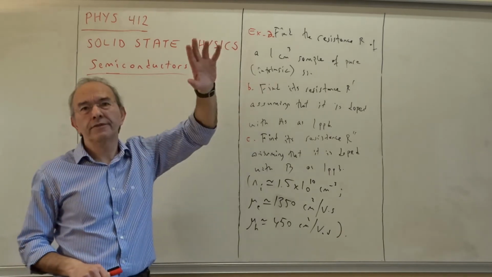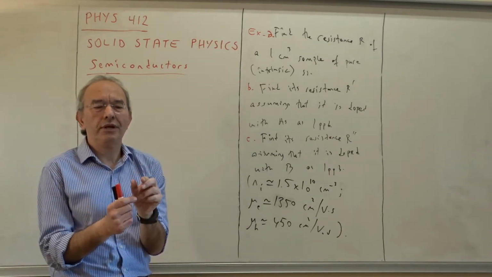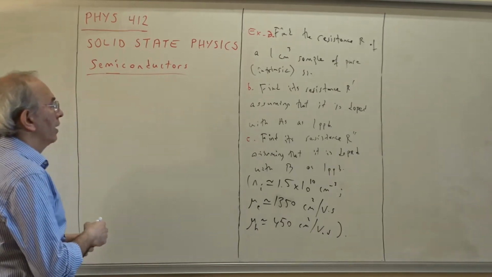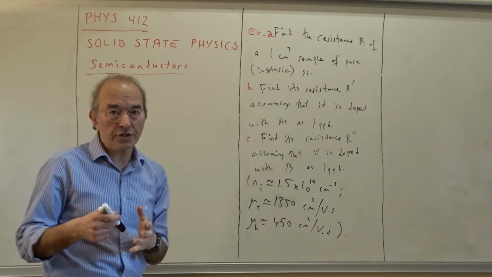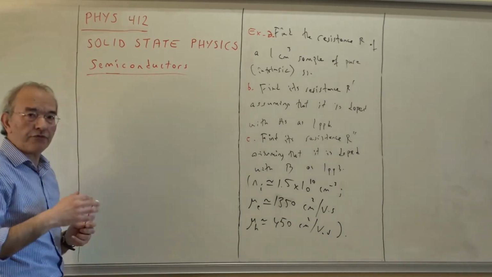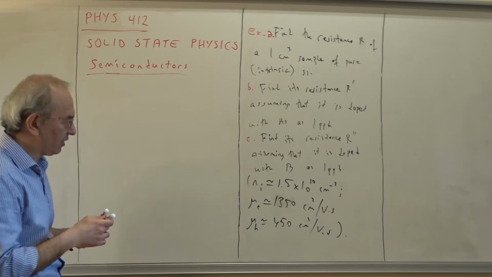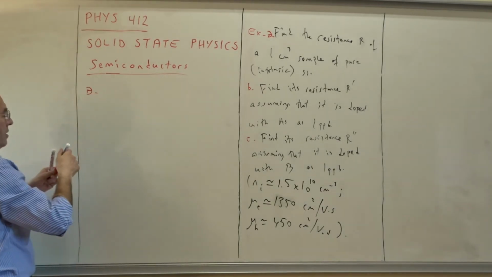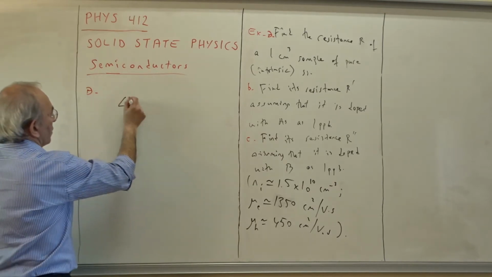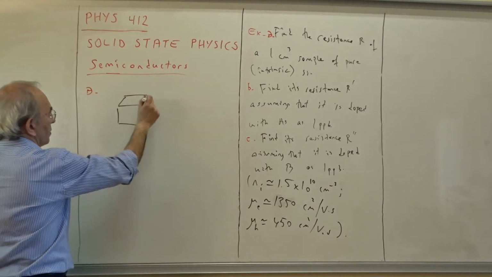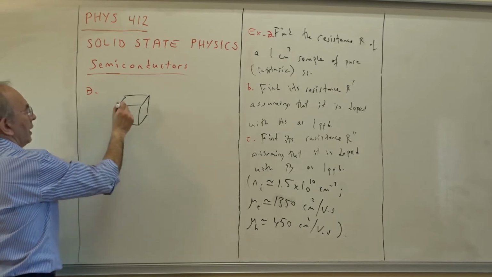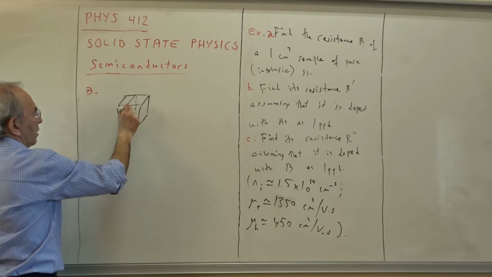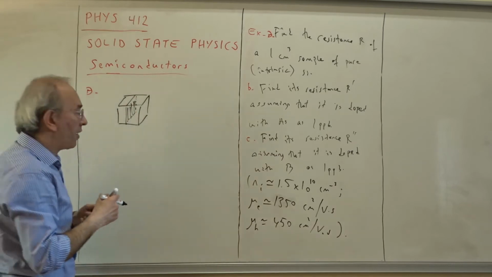In part A, we have just a pure cubic sample having length 1 centimeter, cross-section area 1 centimeter squared. What do we need for this resistance? We remember from physics 102 how we calculate the resistances. We have this cubic sample, and this is the cross-sectional area.